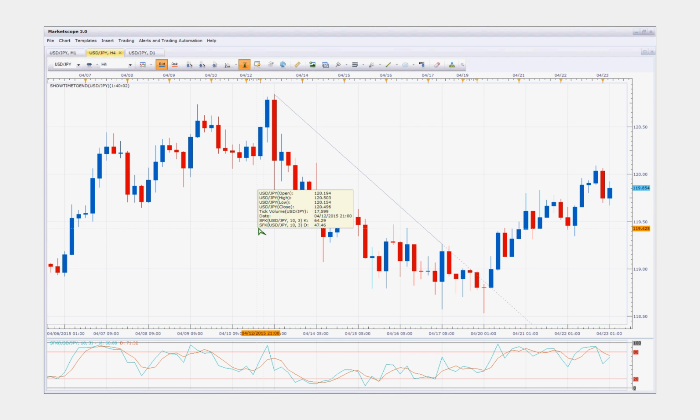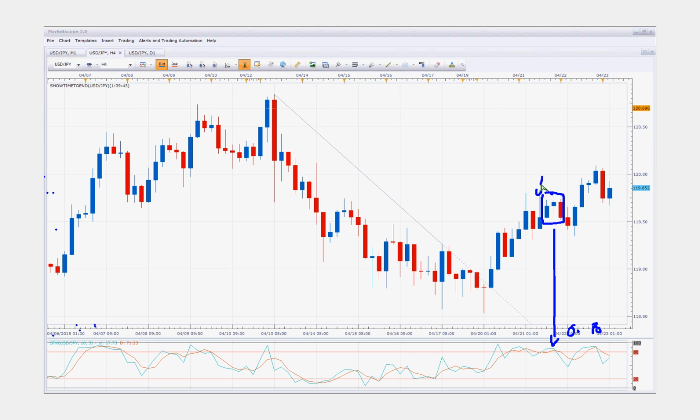Okay, so another thing is that if you see this, this is a nice, beautiful evening star, overbought, lower high.